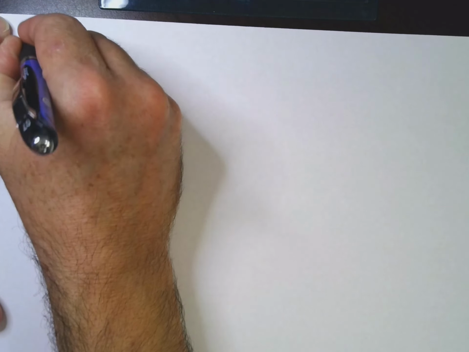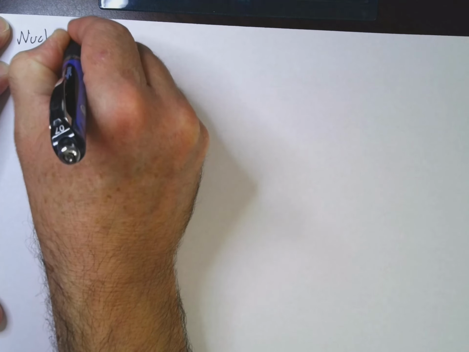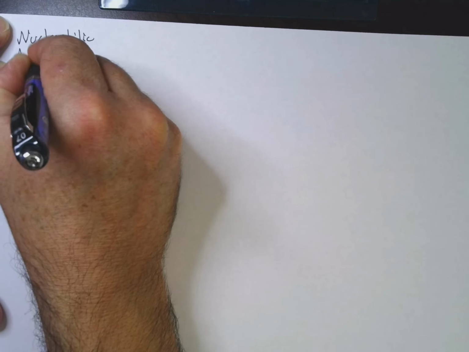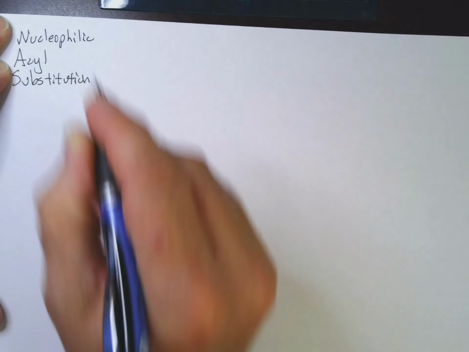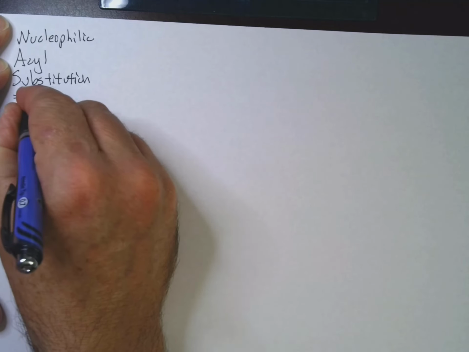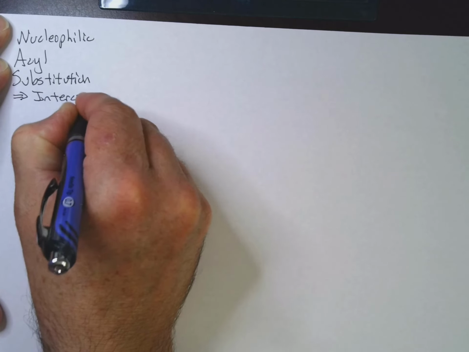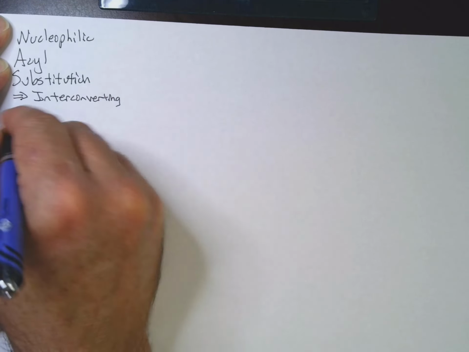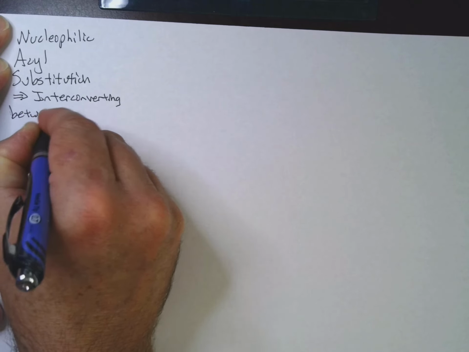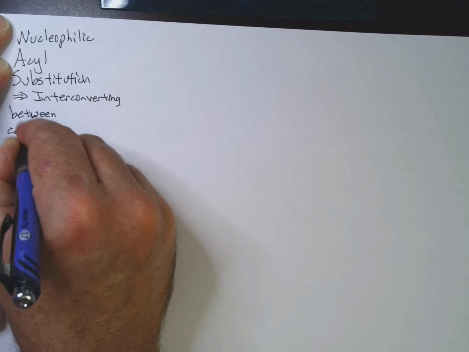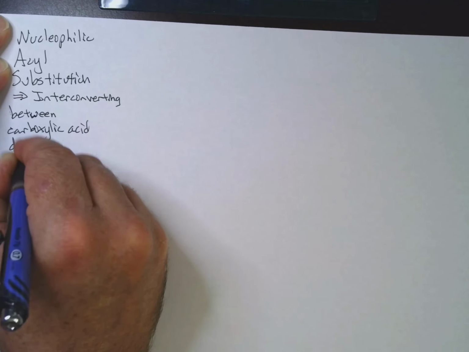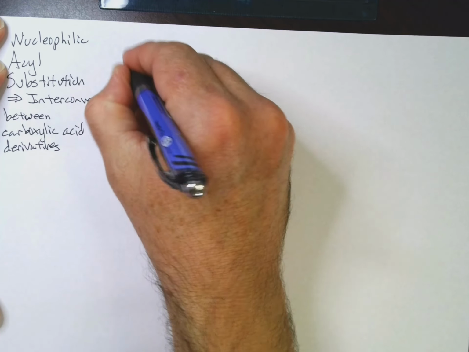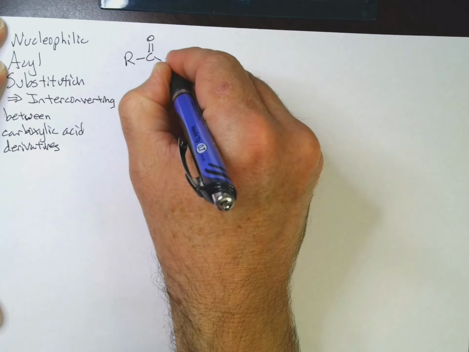So let's look at nucleophilic acyl substitution. In particular, we'll look at interconverting between the carboxylic acid derivatives. All right, so at the top, our most reactive, we've got our acid halides, our acid chlorides.